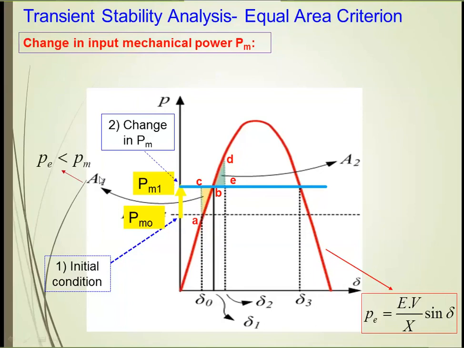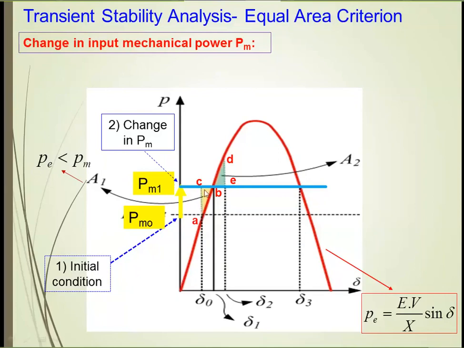And for this case, what you find here is that, because we said that turbine mechanical power is suddenly increased here, momentarily PE is at point A, and then suddenly you have increased the turbine mechanical power to this magnitude. And as such, PM becomes greater than PE now for this case here, right?